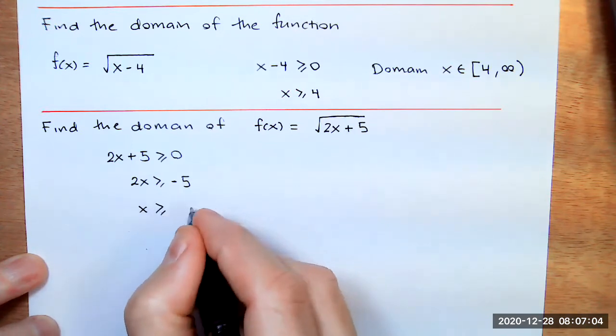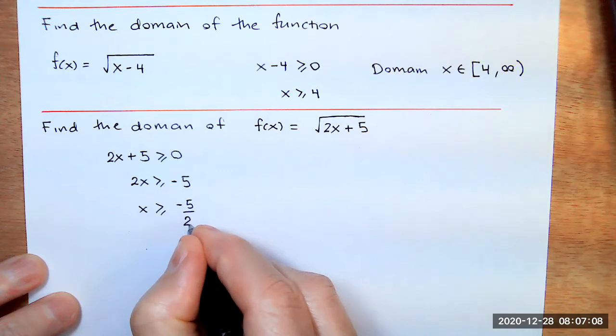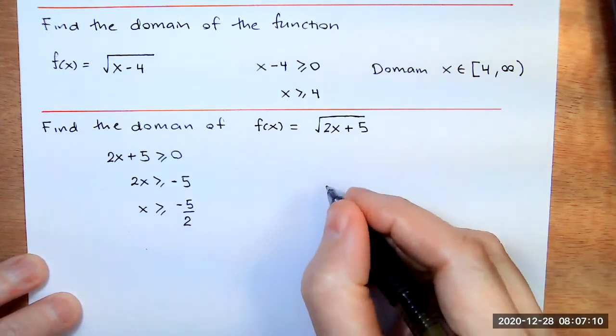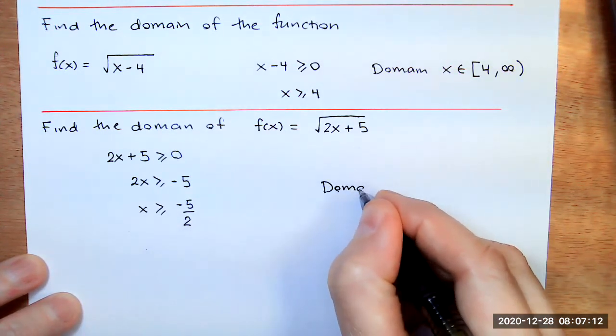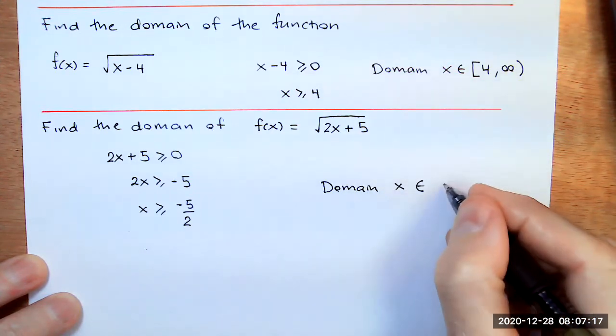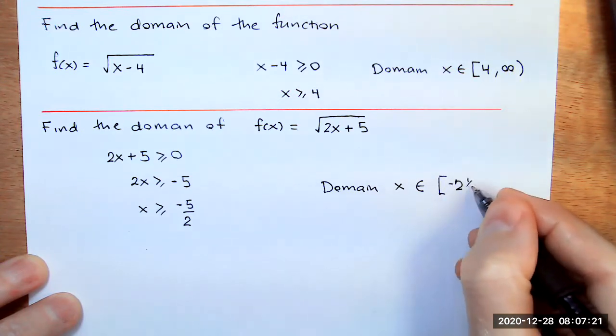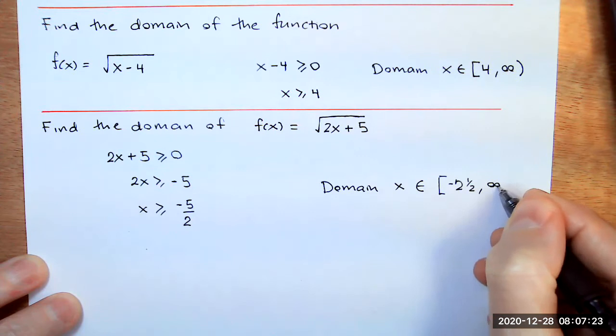So x just needs to be greater than or equal to negative 5 over 2. So the domain is from negative 2.5 to infinity.